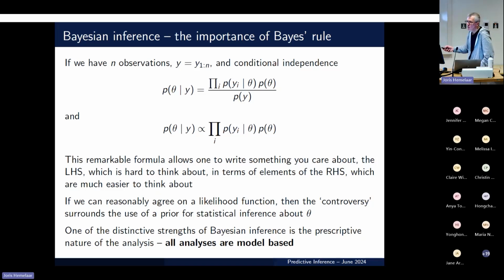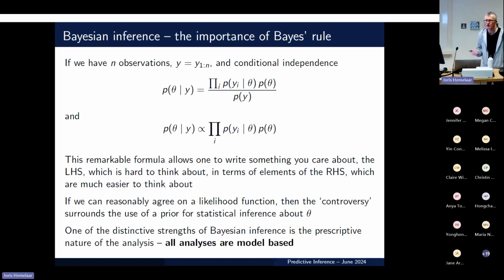This is why the formula is so powerful: you want to make statements about a parameter of interest, which is very hard to think about. How do I characterize that? And you turn it into something much more manageable.